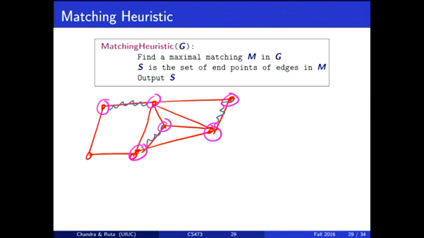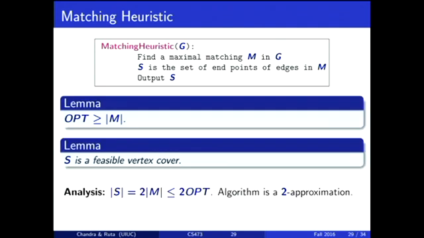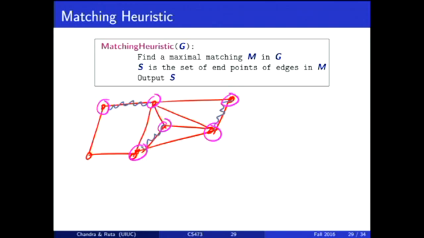Now the question is, can you prove something about how good this is? First we proved that S is a feasible vertex cover. I claim that the optimal solution value must be at least the number of edges in my matching. So I claim in this graph the optimum solution value is at least 3, not 6.